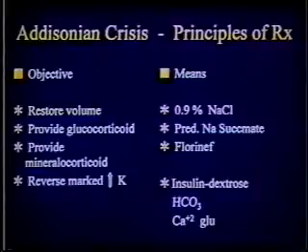So we've recognized the patient, and now we have to treat it, and the principles entail restoring volume with 0.9% saline, replacing the glucocorticoid with prednisolone sodium succinate, providing mineralocorticoid with either Florinef, which is known as fludrocortisone, or there's an injectable drug known as DOCP, the latter of which is given sub-Q, and which might be of more benefit to the patient if it's vomiting.